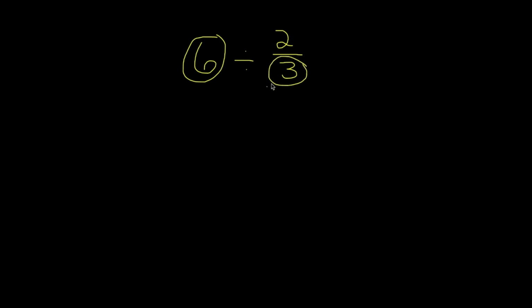So we do 6 times 3, which would be 18, and we write our 2 here on top, and then we do the reciprocal of this. So the reciprocal of 2 over 18 is equal to 18 over 2. And we could simplify this to 9 over 1, which is the same thing as 9.